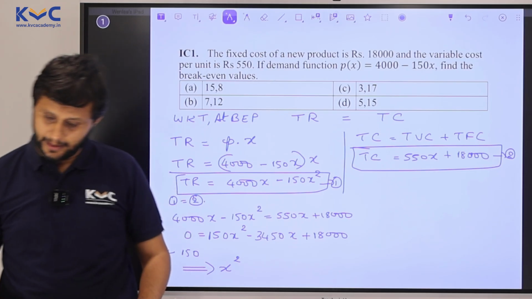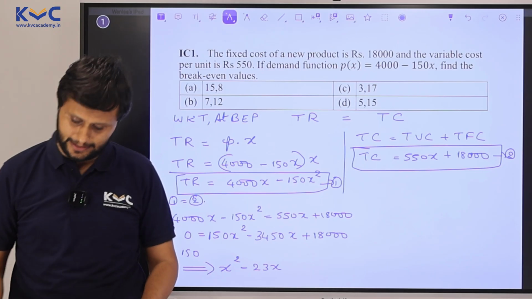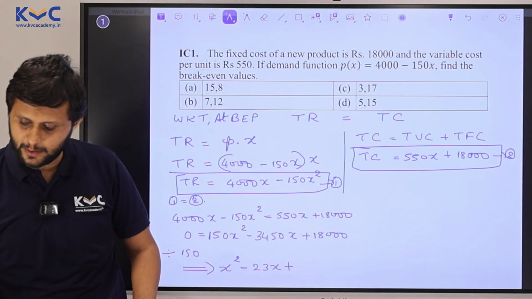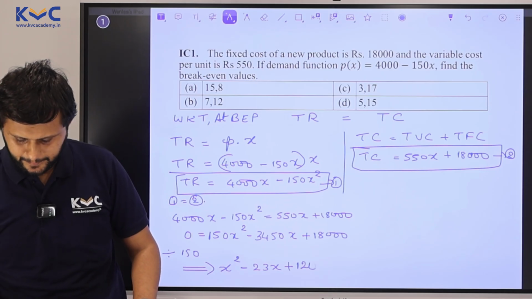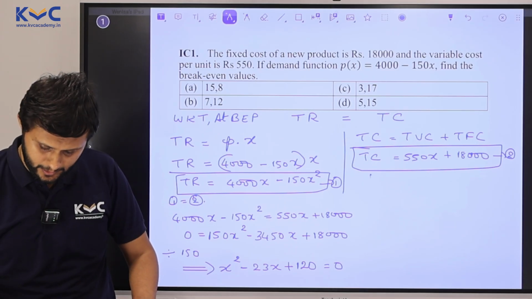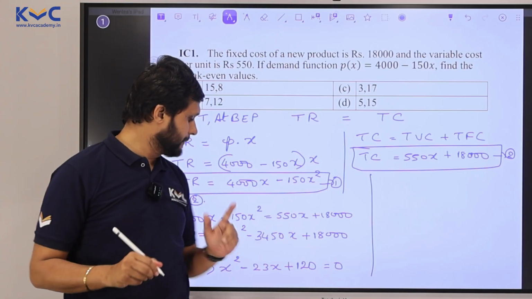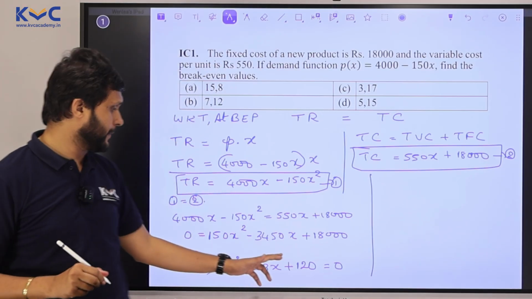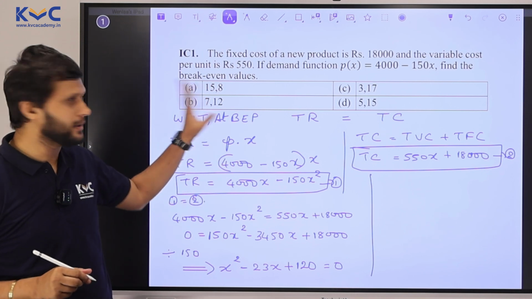Only x square is remaining, and we get minus 23x plus 120 equal to 0. I'll continue over here, right side. So we have this as the equation. Now sum should be minus 23, product should be 120. So what you can do is you can take assistance from here only.